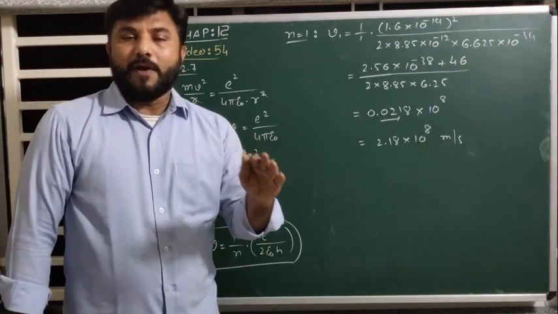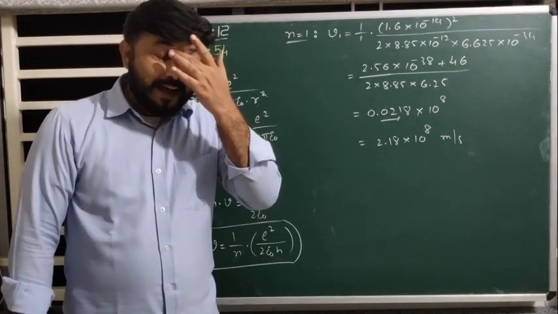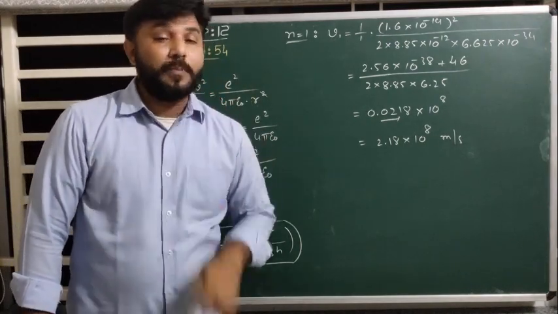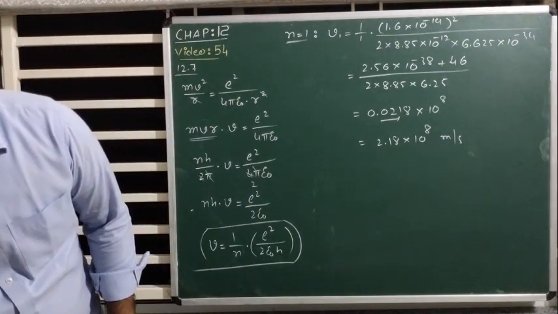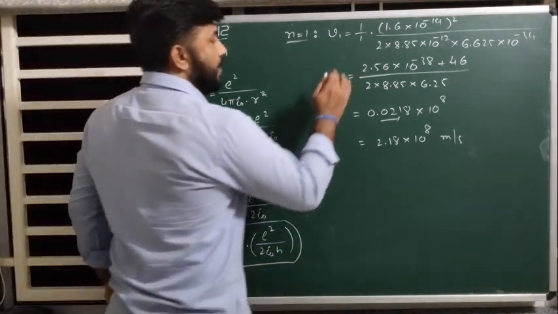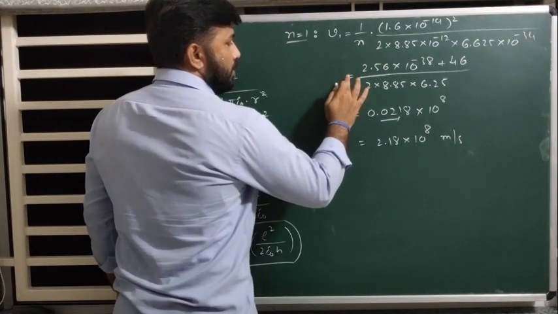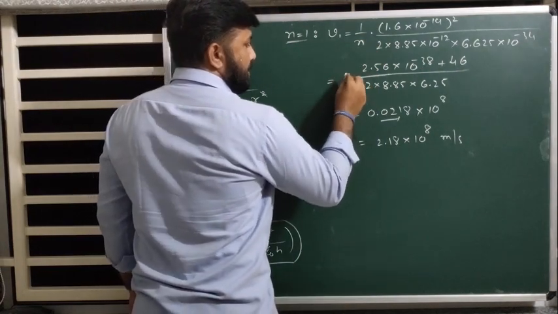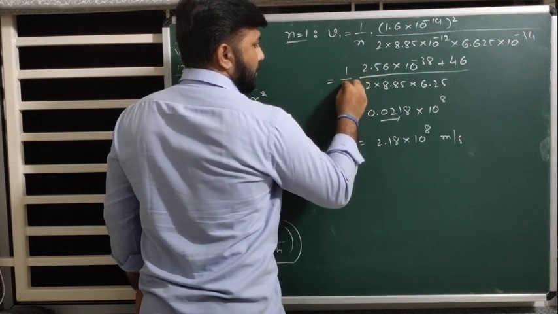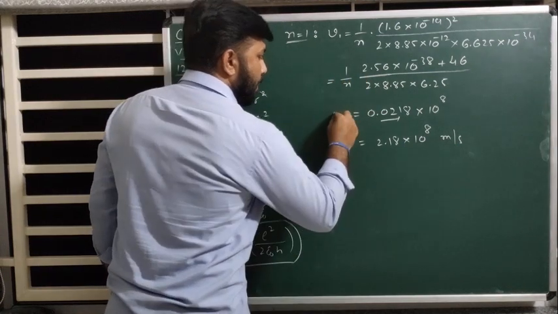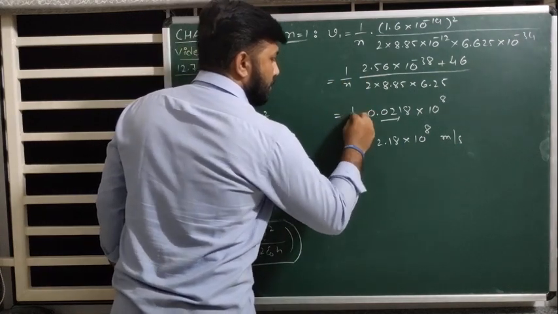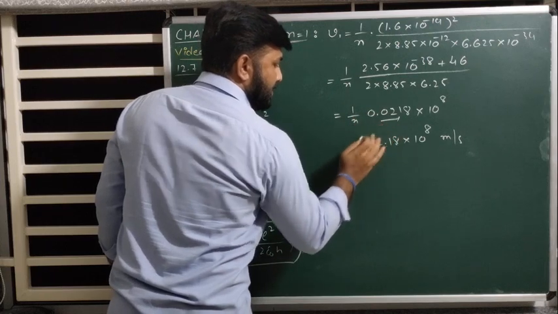To avoid the excess calculation, there is one more method. Which method? Let us see. Here, keep n as it is. 1 upon n will remain, keep the rest as it is.